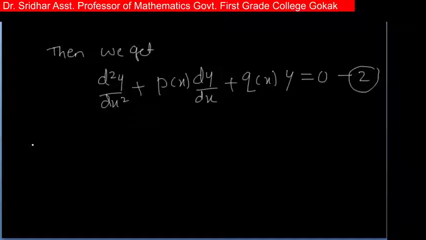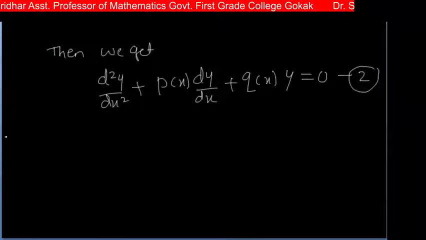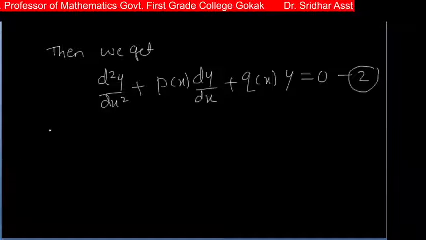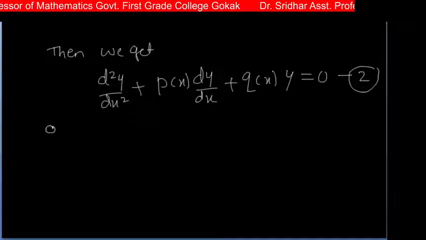So after this, now we define certain points here. The first one is ordinary point.